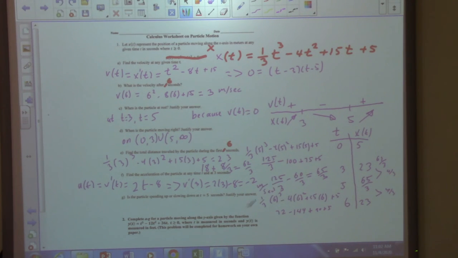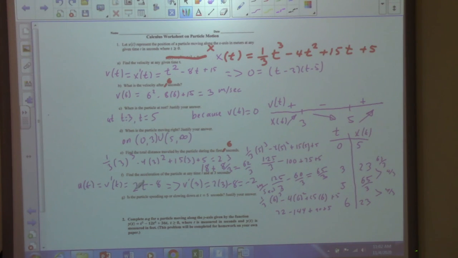And now we're asked the question, is the particle speeding up or slowing down at t equals 5 seconds? Justify your answer. Okay, we look at the velocity and acceleration.